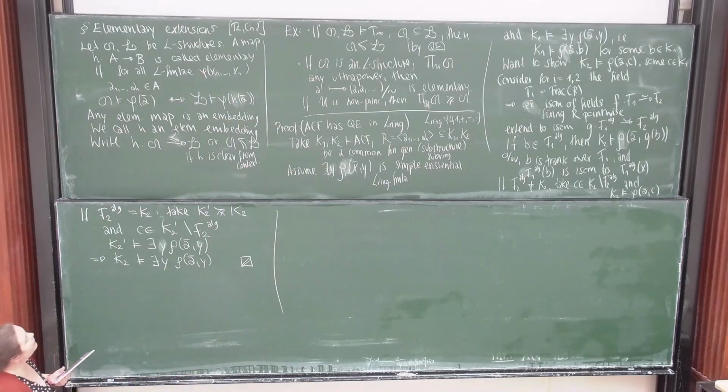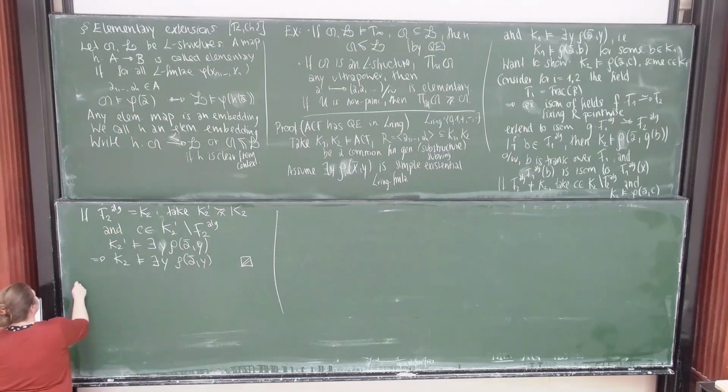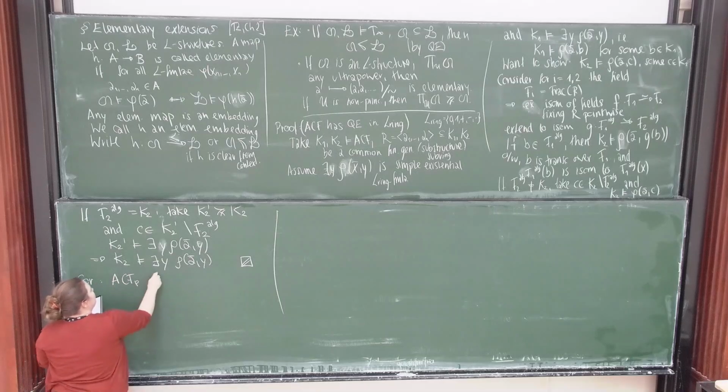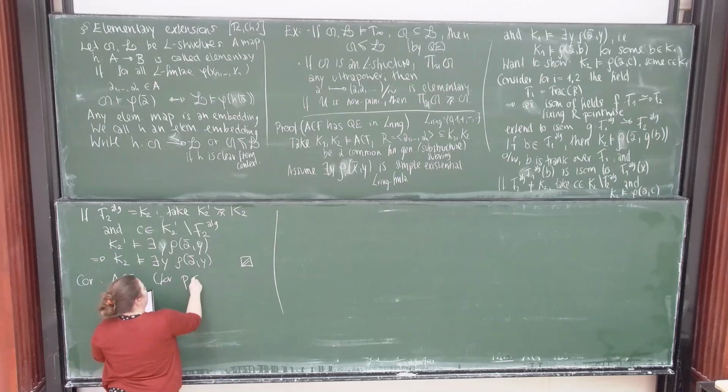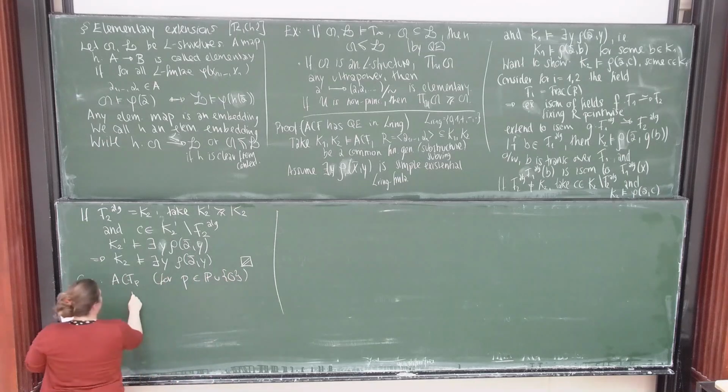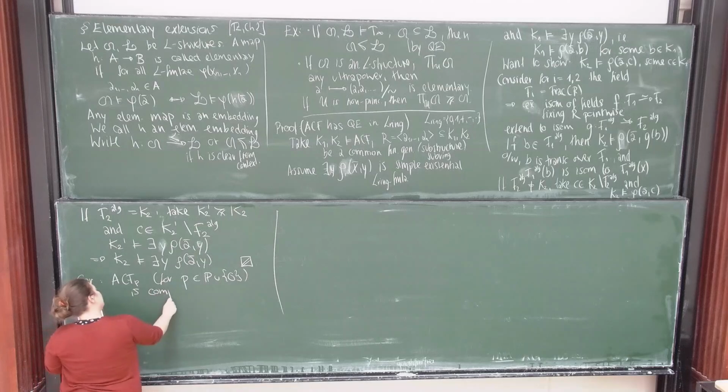Okay, so for the theory of infinite sets, we used quantifier elimination to deduce completeness. I want to do the same here, so this will be the second proof that the theory of algebraically closed fields of a fixed characteristic, ACF_p for p either a prime or 0, is complete.